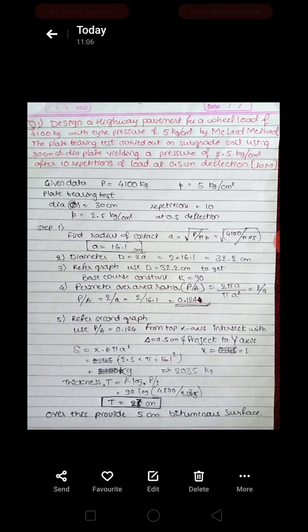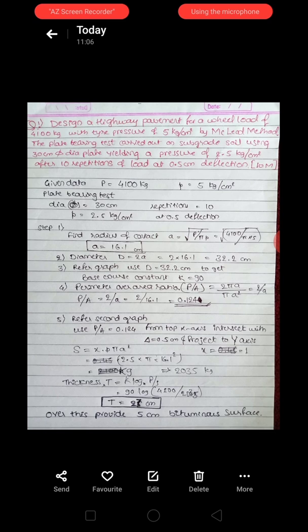He has asked it for 10 marks. So first write the given data. He has given capital P load 4100 kg, small p, that is tire pressure 5 kg per centimeter square, and the plate bearing test details: dia of the plate 30 cm, repetitions 10, small p 2.5 kg per centimeter square at 0.5 deflection delta is given.